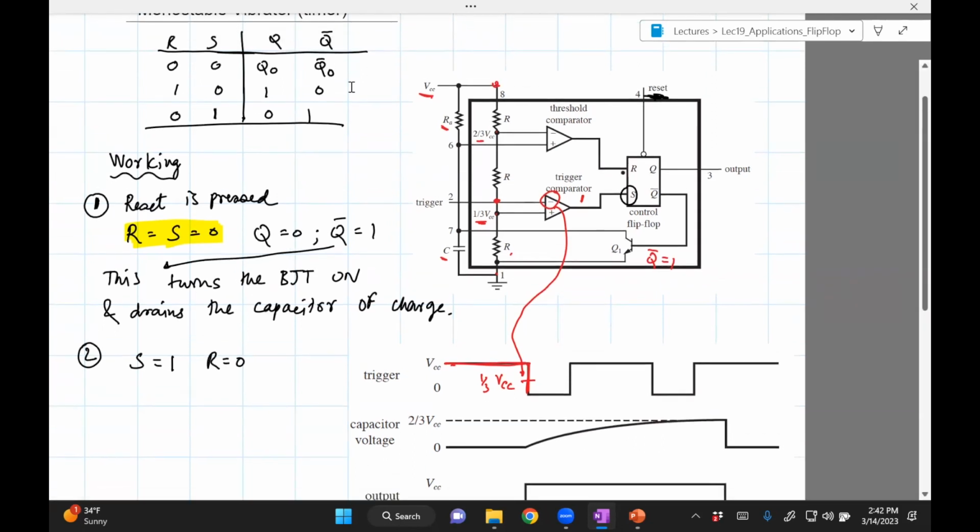And from the truth table, we see that S equals 1 means Q equals 0. We write this way so it's less confusing. R equals 0, S equals 1, Q will be equal to 0, Q bar will be equal to 1.